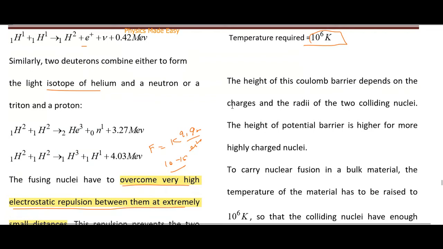The height of the Coulomb barrier, this repulsion, has to be overcome by the kinetic energy of the nuclei that we want to fuse, because at high temperature nuclei move with very high velocity, and the initial kinetic energy is so large that it overcomes the potential energy of the barrier. This is the basic theory of nuclear fusion, when you have to practically perform it.